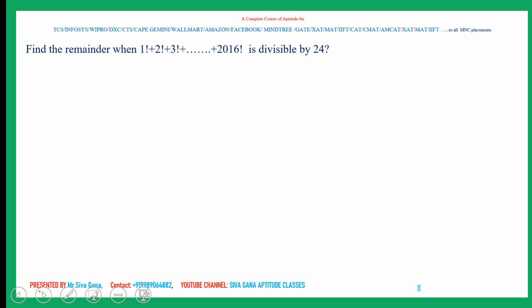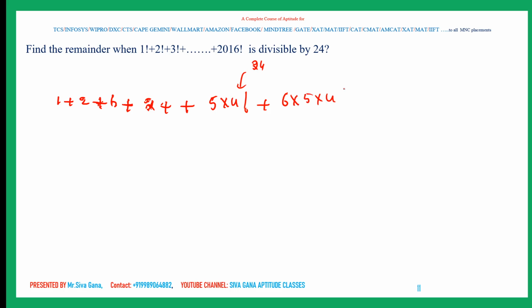Now, we need to calculate the remainder. 1 factorial is 1, 2 factorial is 2, 3 factorial is 6, 4 factorial is 24. 5 factorial is 5 into 4 factorial, 4 factorial is 24, remember. 6 factorial is 6 into 5 into 4 factorial, here 4 factorial is 24, plus like that and so on.